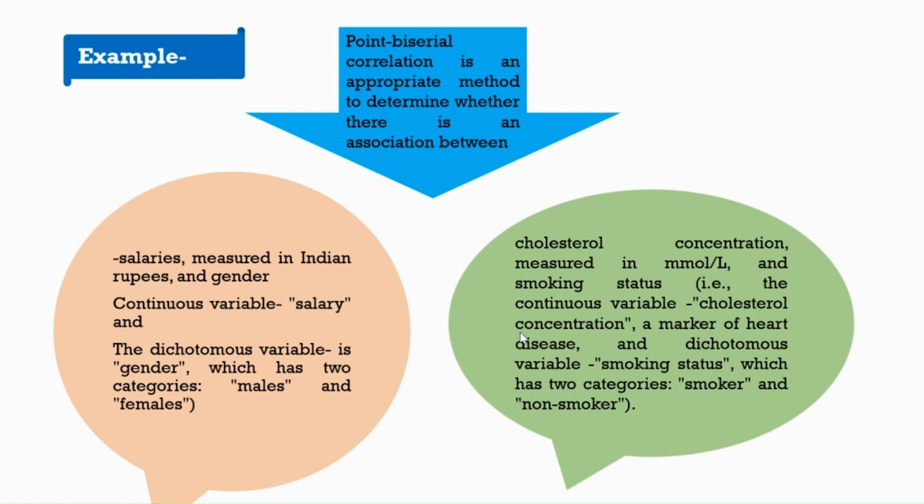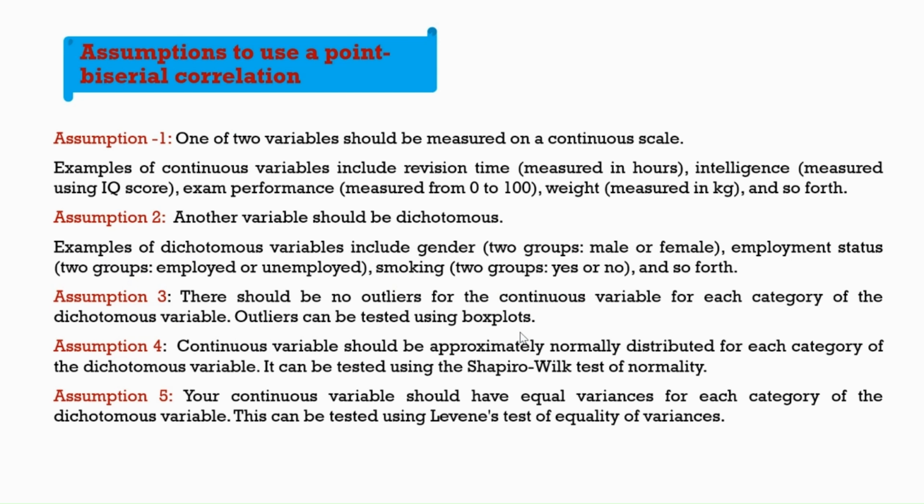The second variable is the dichotomous variable, smoking status, which has two categories, smoker and non-smoker. We measure the cholesterol concentration for people who smoke, and also for the non-smoking people, and then we find the correlation. The point biserial method is an appropriate method in this case.